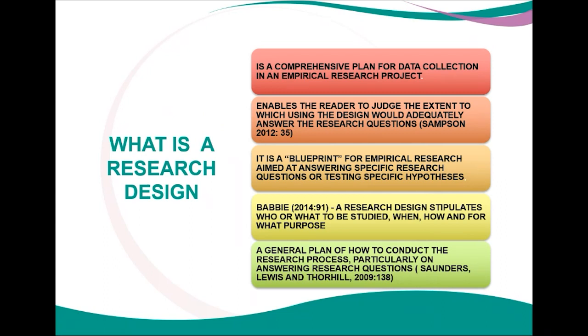So that's why I'm giving you this analogy of a roadmap. Basically, that's what the research design is. It will tell you what is studied, who is studied, when those phenomena are studied, how they are going to be studied, and for what purpose. That's what a research design is about.